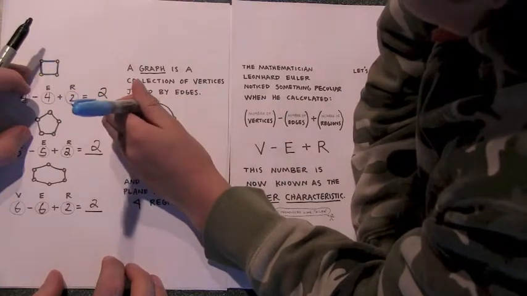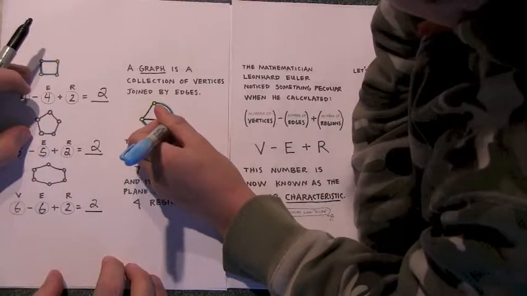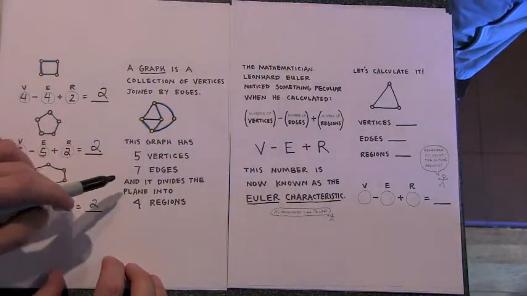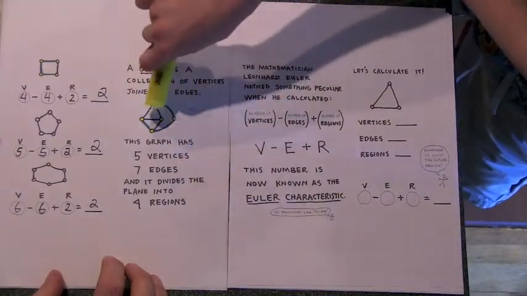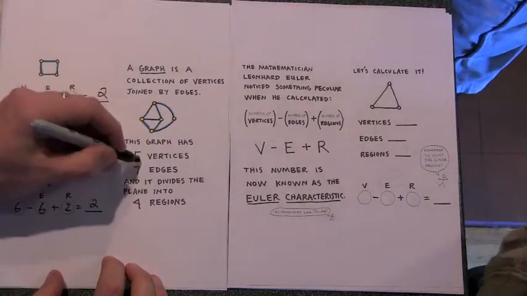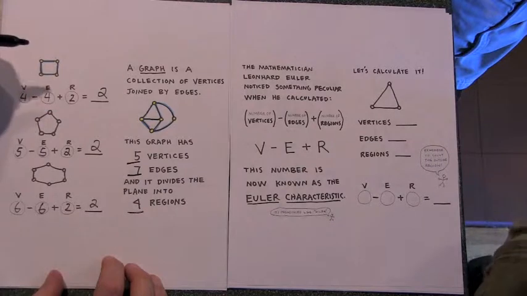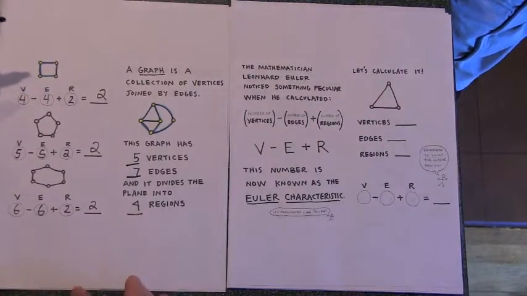It's not like edges of a polygon; these are just edges of a graph, and they can absolutely be curved. So 5 vertices, 7 edges, and how many regions does it divide the plane into? It divides it into 1 region, 2 regions, 3 regions, and then the outside makes 4 regions. Good. So we have 5 minus 7 plus 4, which is 2. How interesting. Maybe they all come out to 2.